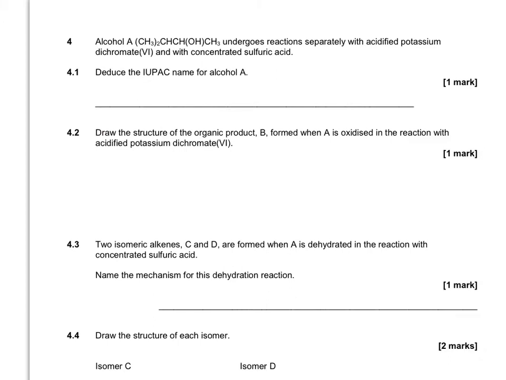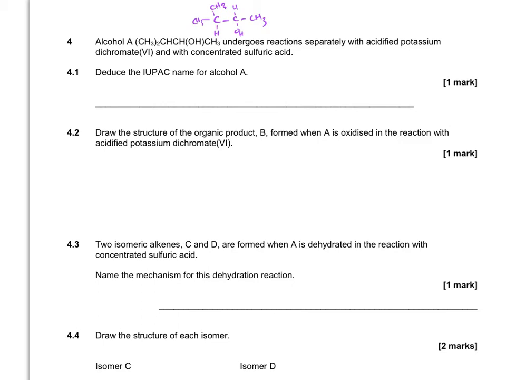Alcohol A undergoes reactions separately with acidified potassium dichromate and with concentrated sulfuric acid. Deduce the IUPAC name. So sometimes to do this, it is easier to sketch it out. So we've got an H there, and then an OH, and a CH3 at the end.